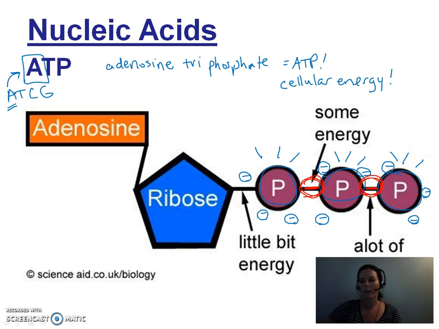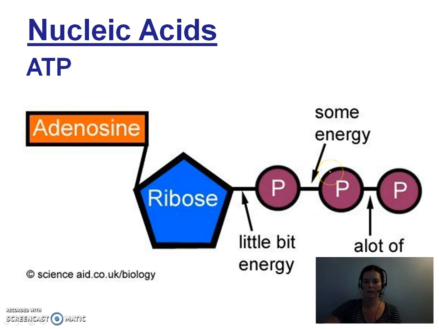So what happens in our body cells is that our cells can take advantage of all of that energy that's housed inside of those bonds between the phosphate groups. And what our body can do is it can take an ATP molecule and break that bond right there. And when it breaks that bond, huge amounts of energy are released because that bond doesn't have to work anymore to hold those phosphate groups together.